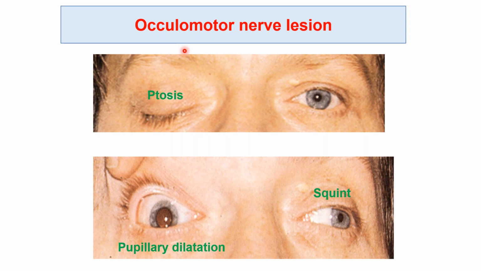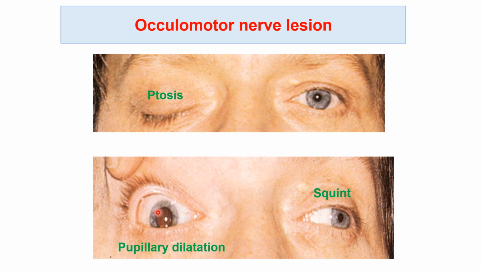Now, an oculomotor nerve lesion is also associated with ptosis. Ptosis is drooping of the eyelid. Why does this happen? Because the levator palpebrae superioris is also supplied by the oculomotor nerve, and with injury to the nerve this is going to lead to ptosis, or drooping of the eyelid.